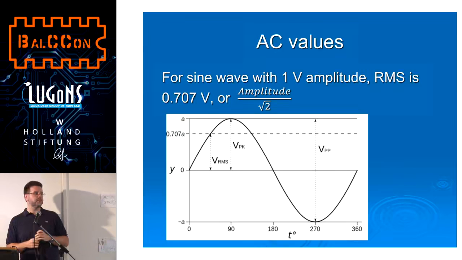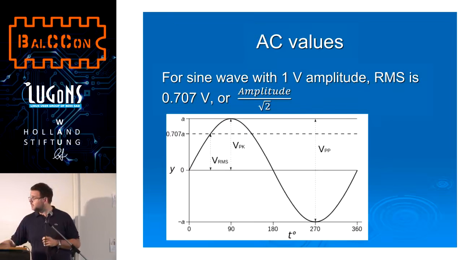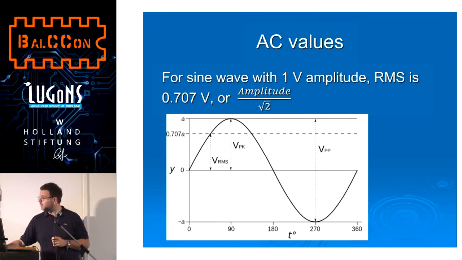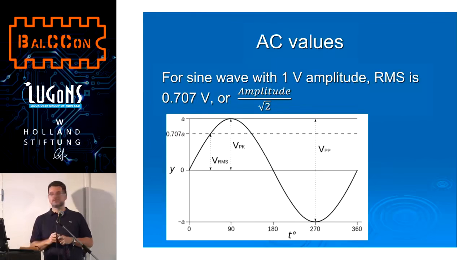Because in DC you are measuring the average or mean value. And the mean value of a symmetrical sine wave is 0, because you get the same amount above and the same amount below the 0 reference. So in the sum, you get 0. You can't measure it like that.